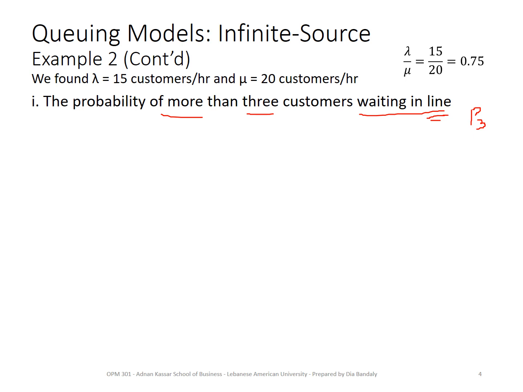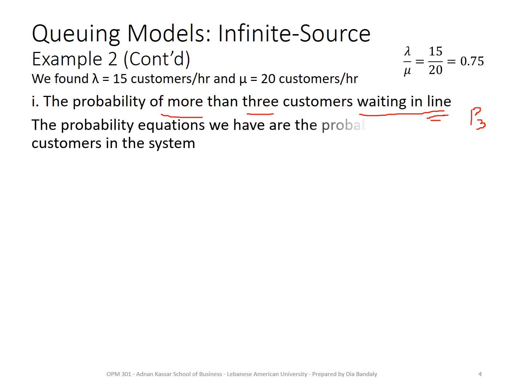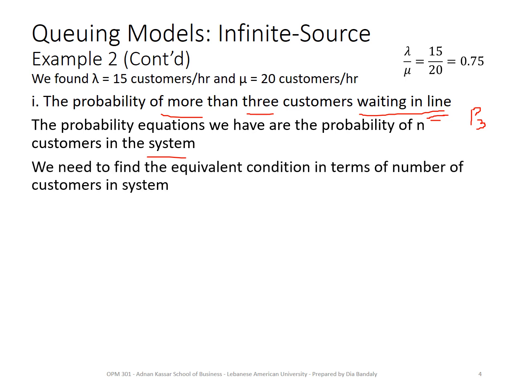So what I have to do in order to be able to use the probability formulas provided to us, I have to convert that. I need to change this one in order to make it in a system. So I need to do a certain transformation. I will find an equivalent condition in terms of number of customers in the system.